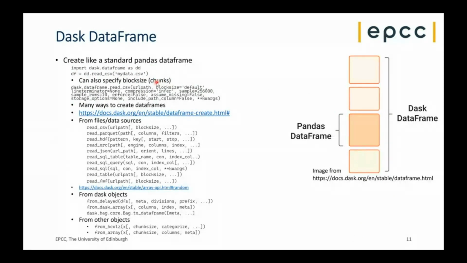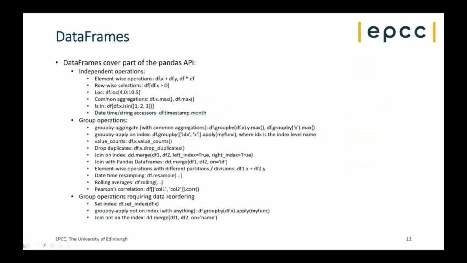So you can specify it, but you're not forced to in the same way that the Dask array forces you to specify a chunk size. And then there's a whole array of different ways to create data frames from CSV, from HDF, from JSON, from databases, from Dask arrays, and from bags and those kind of things.